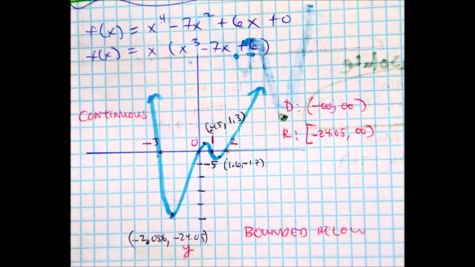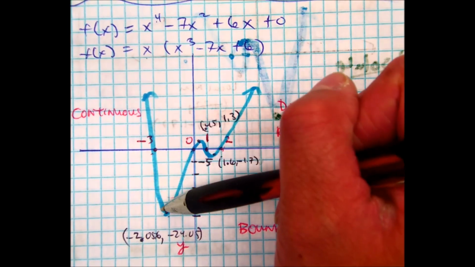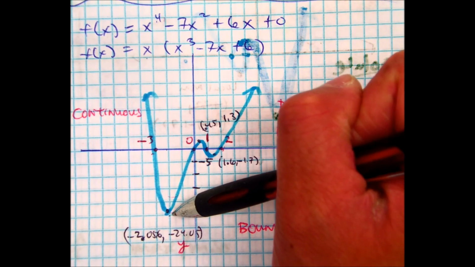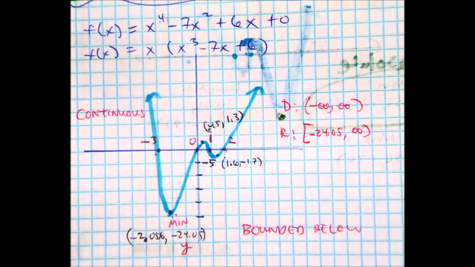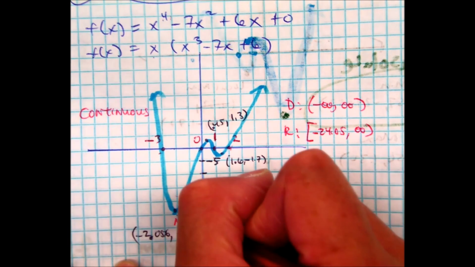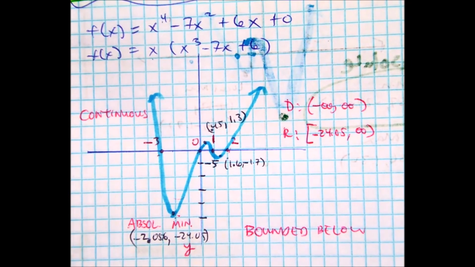But yesterday we also learned about maxes and minimums, right? So the extremas. How would you guys describe this? Max or a min? Relative or absolute? So that would be an absolute minimum. It's the lowest point of our graph, right?